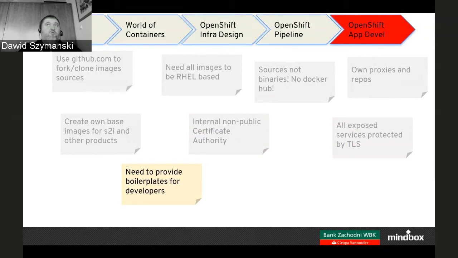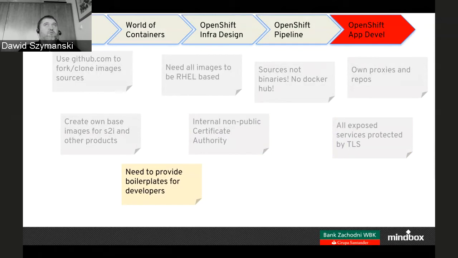So when we have our own base image, the developer needs to focus only on his Java code or Angular code. He doesn't need to think about how to run this, or how to create a Dockerfile for this, because we are using our own source to image.